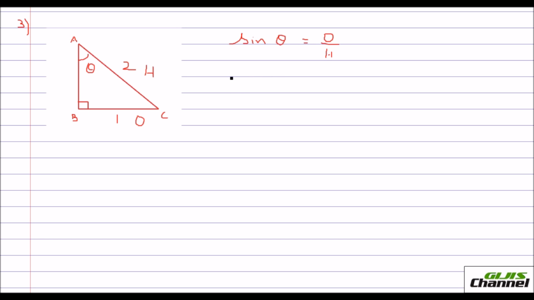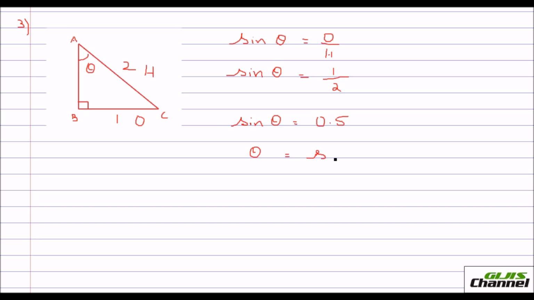Now here we don't know what the theta is, so just leave it as sine theta. So sine theta, opposite is given as 1 and the hypotenuse is 2, right? So you have got sine theta equals 0.5. Make it a decimal number. Now to find the theta, when you take the sine to the other side of the equal sign, it becomes sine inverse.